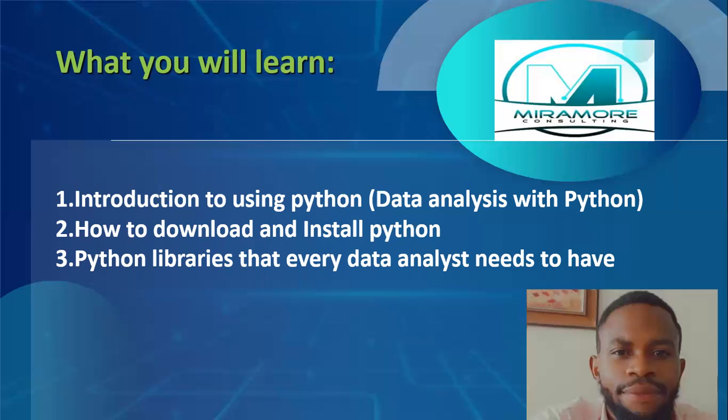But when it comes to data science, what is data science now? Data science is a branch of computer science where we study how to store data, how to use data, or how to analyze data for deriving information from it. So you can see the difference between data science and data analysis.